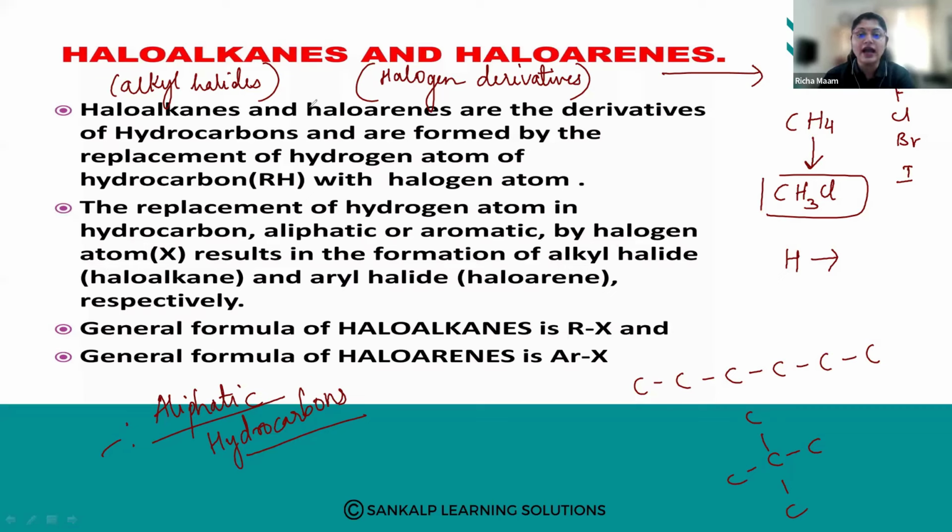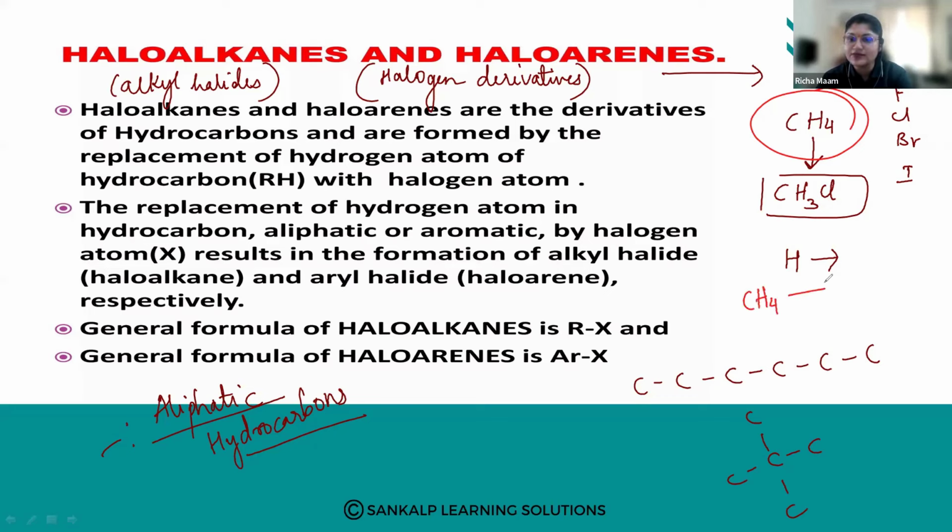So haloalkanes are the halogen derivatives of aliphatic hydrocarbons in which one or more hydrogen atoms, either one or any number of hydrogen atoms, are replaced by halogen atoms. What is happening here?